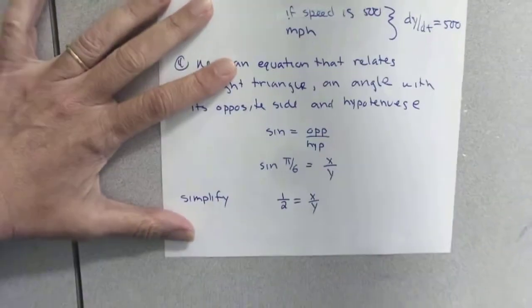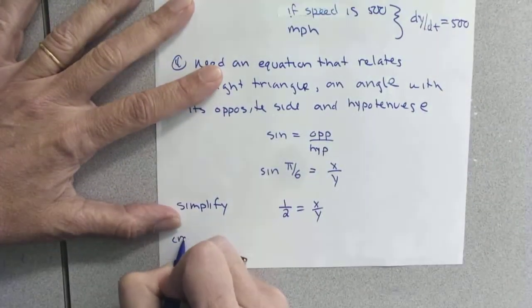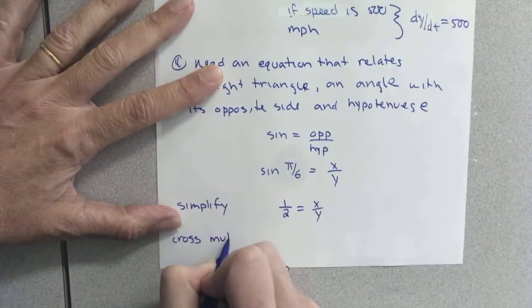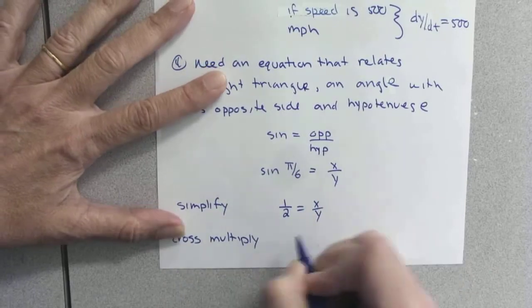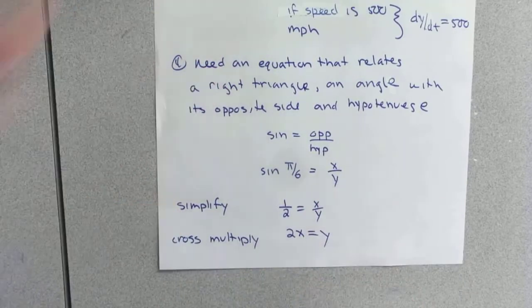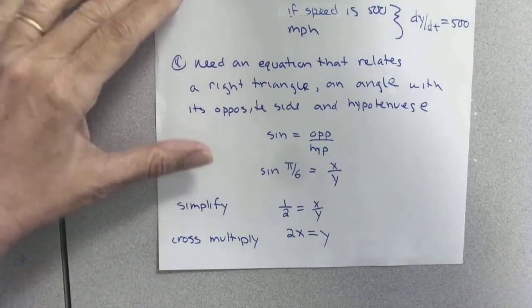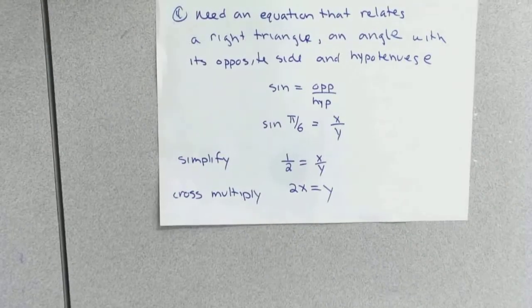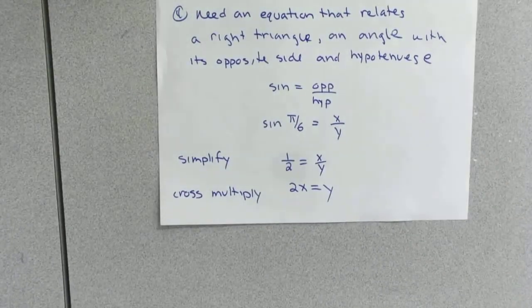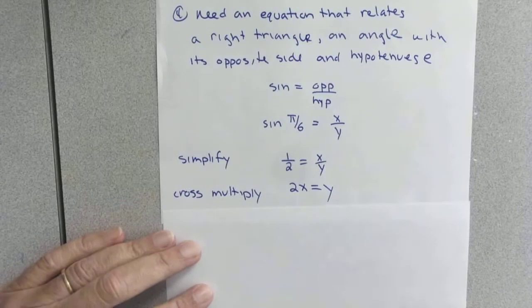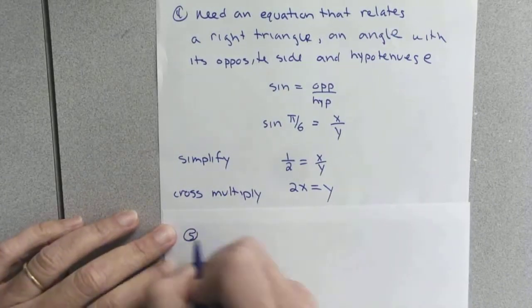Simplify some more, I can cross multiply, and I get 2x equals y. And there's my equation. That's what's going to do it for us. And notice by just sticking with the very basics, I end up with a very easy equation. If you can get this far, the steps on everything else are basically the same.